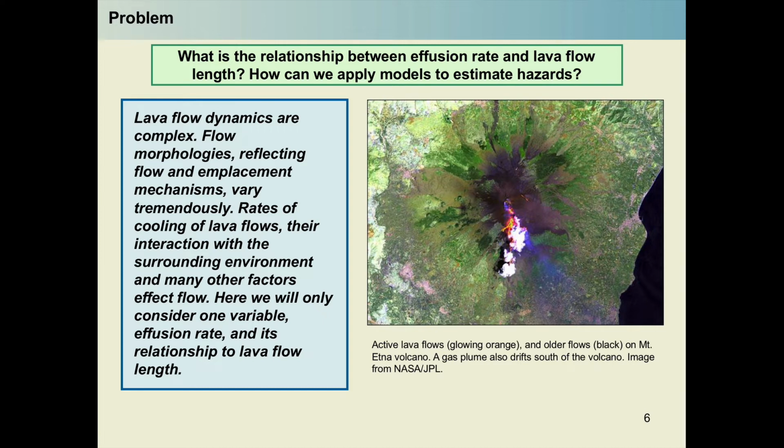Emplacement mechanisms, that's where the lava flow settles and flows. The rates of cooling, their interaction with the surrounding environment and topography, and many other factors. So here we're only going to consider one variable, effusion rate, and its relationship to lava flow length, in a very cursory, simple first-hand model.